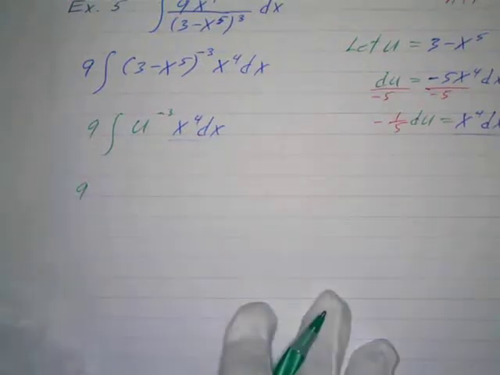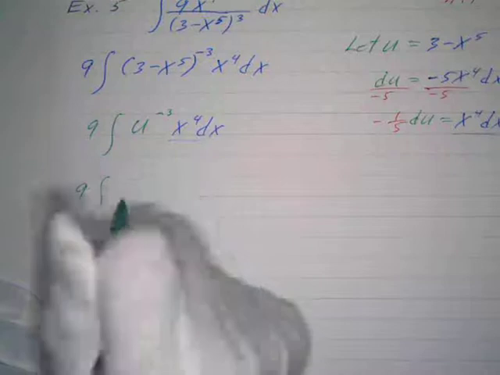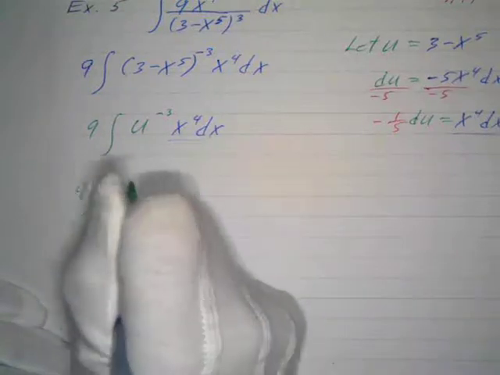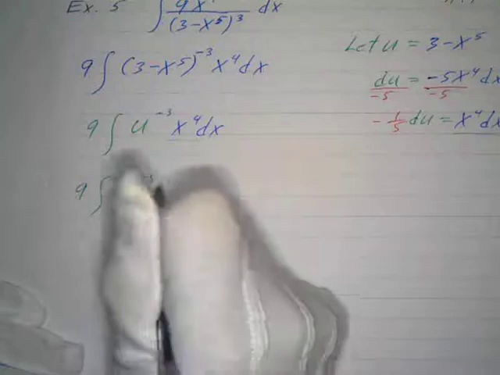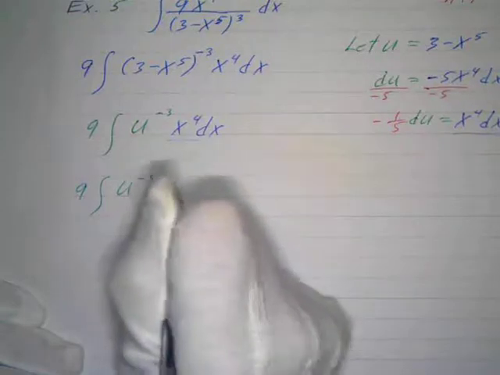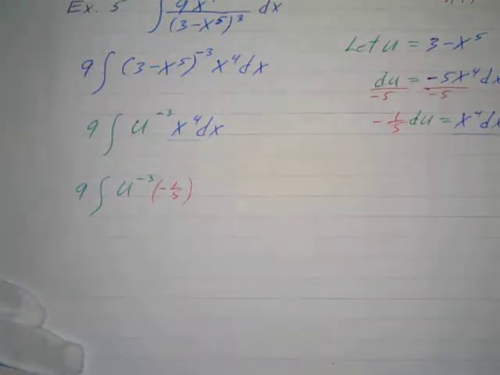So we've got 9 times the indefinite integral of u to the negative 3 times negative 1/5, and then we have du. We're almost there.